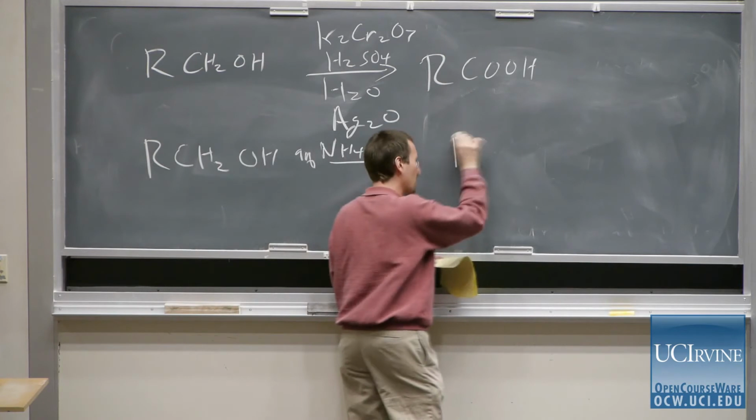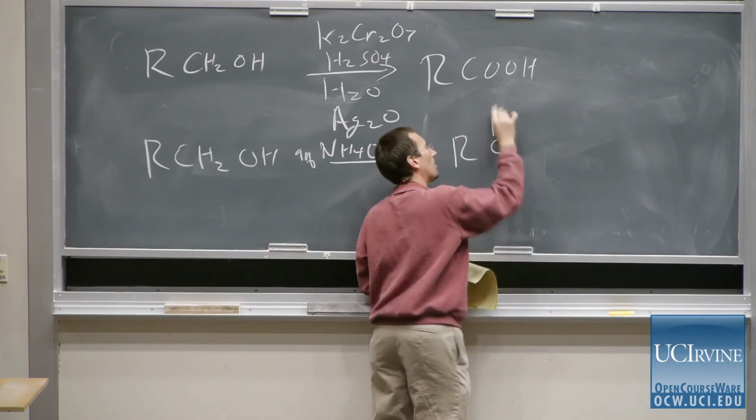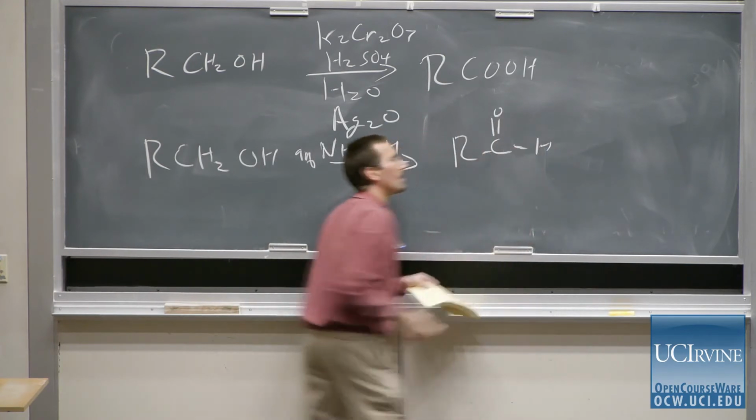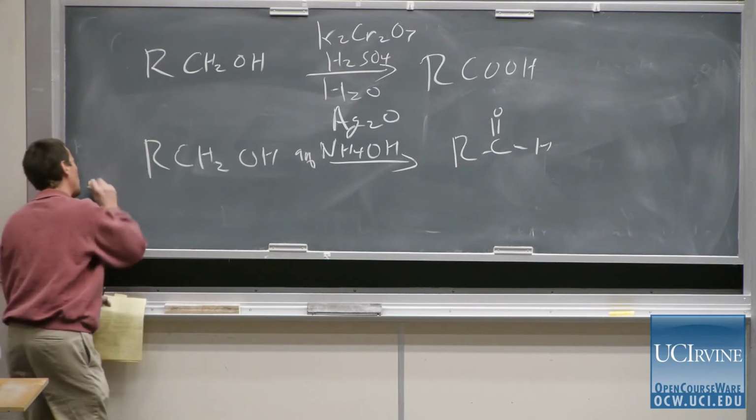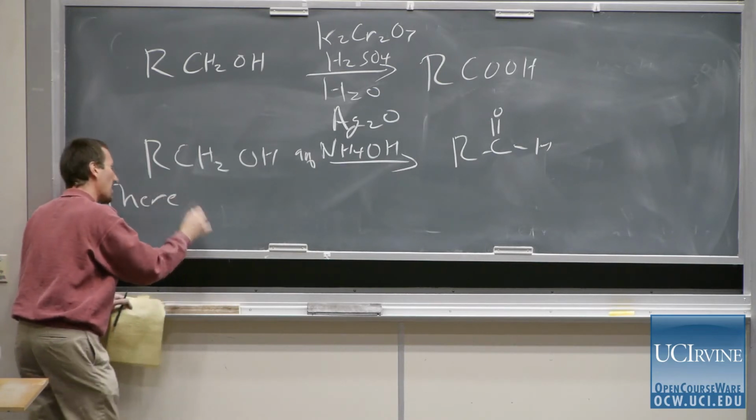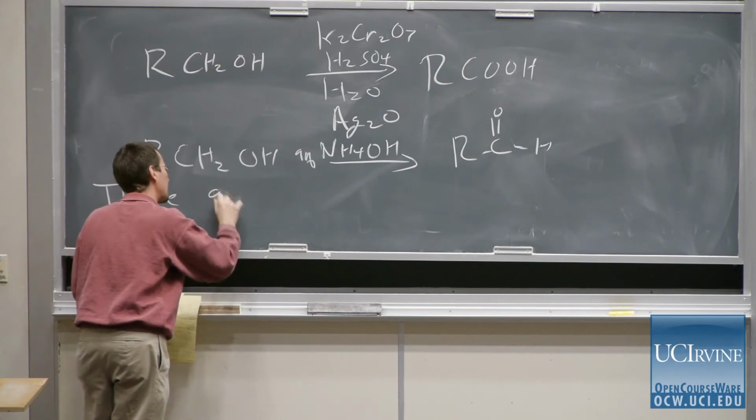And that will stop you at the aldehyde oxidation state. And again, what this is all about is control and chemoselectivity. All right, so by way of conclusion, I will just write, there are many other selective oxidizing agents.